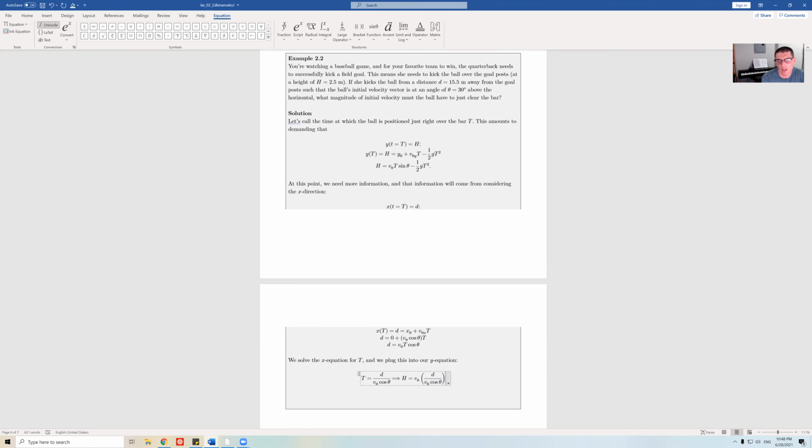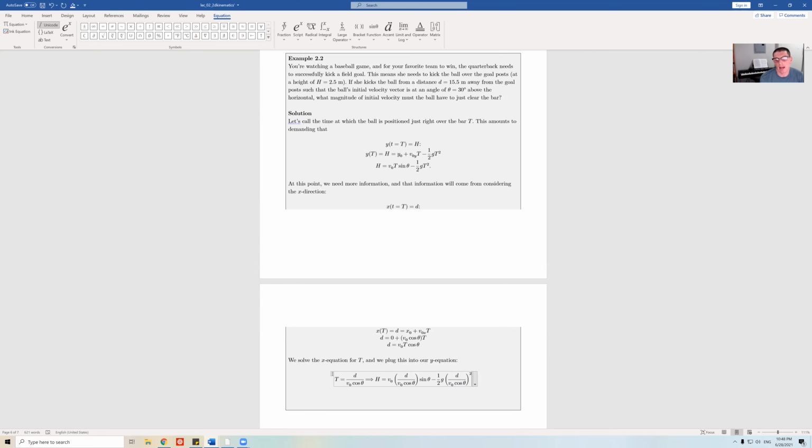You have to remember that there's a sine of theta here. So I said tangent because I'm thinking about what we're going to do here, which is turn the sine over the cosine into the tangent, but we'll do that in a second. And then minus 1/2 g, and then we have to take this junk and square it, right? So it should be quantity squared.